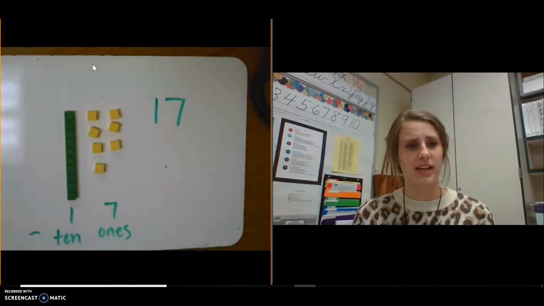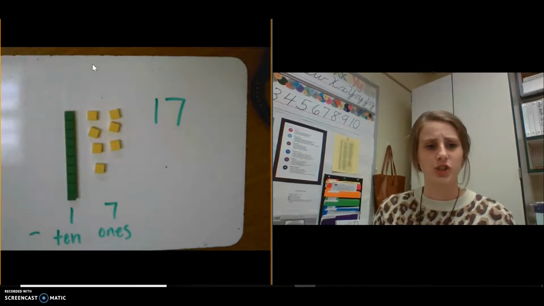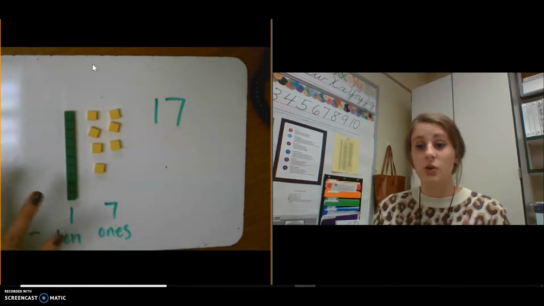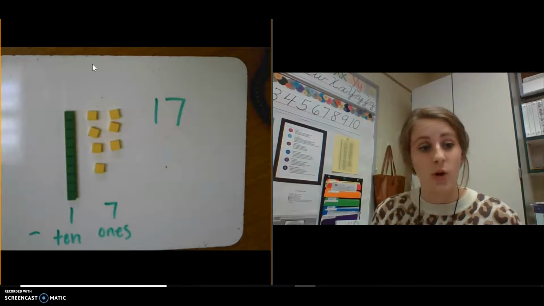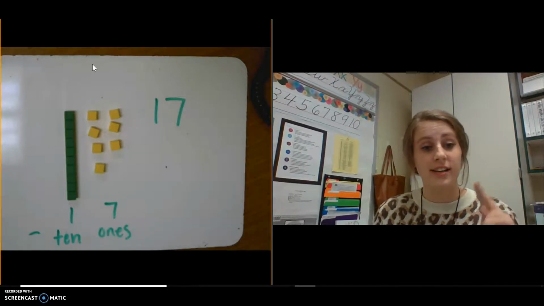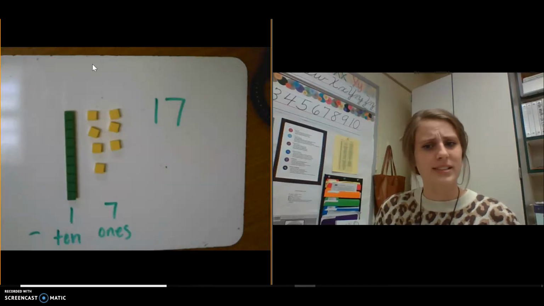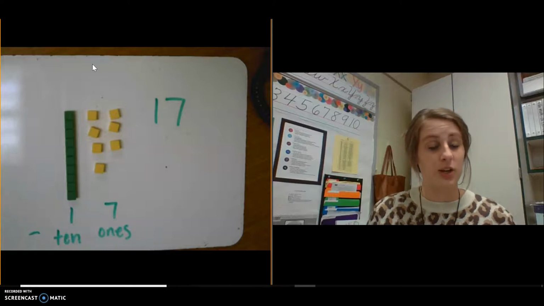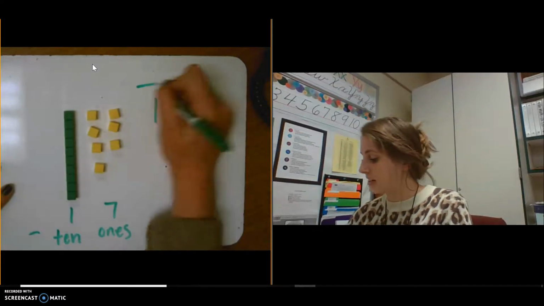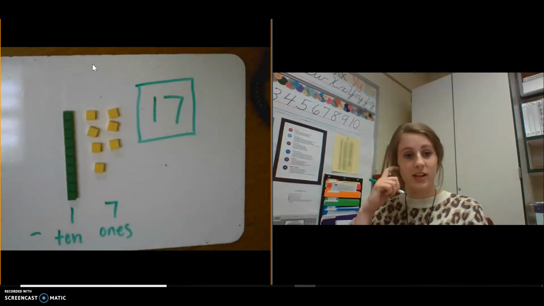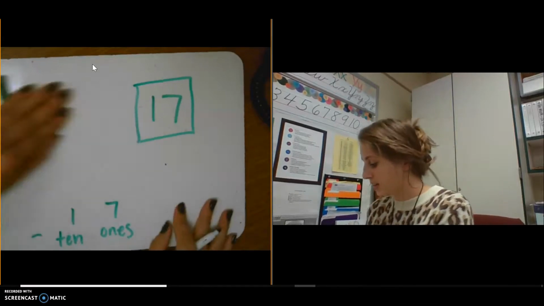Now I want you to think, is there any other way that we could show 17? Like we saw in our last example, we could use just tens, just ones cubes, or a combination. We're using a combination right now. But is there another way that we could show the number 17? Go ahead and pause the video and think about it while I clear off my board.